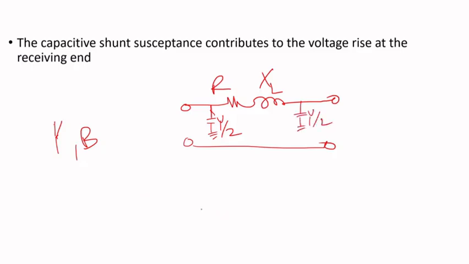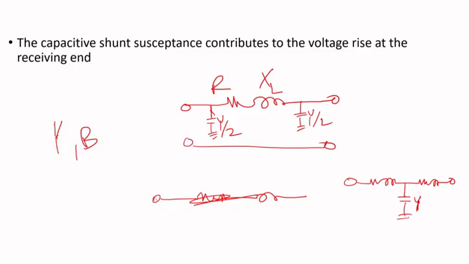If you have a very long line, typically you put the entire susceptance in the middle of the line impedance, half of that line impedance on one side, and you put the other half here. But really what contributes to the voltage rise is these susceptances here.